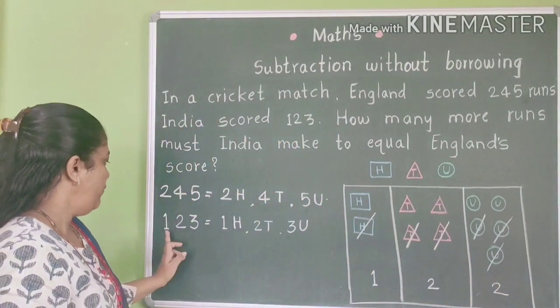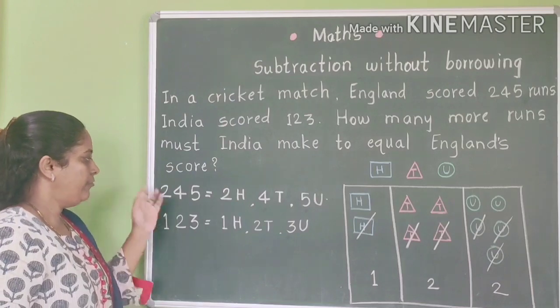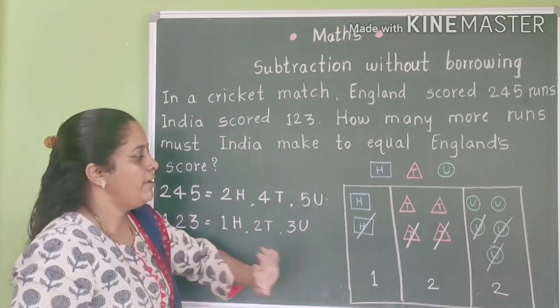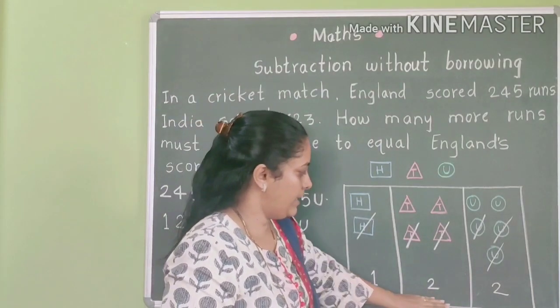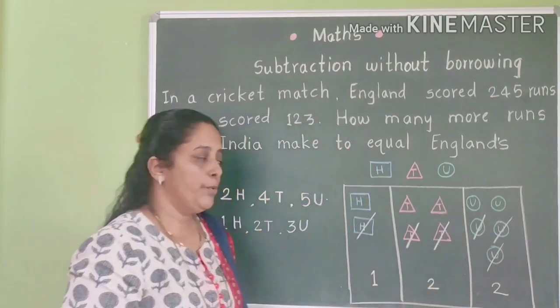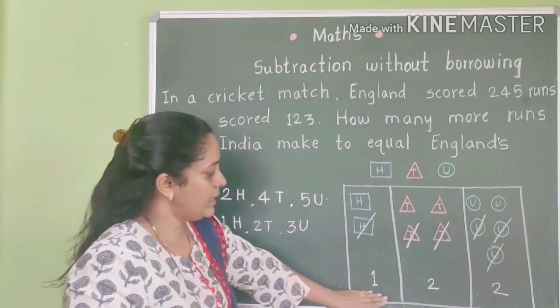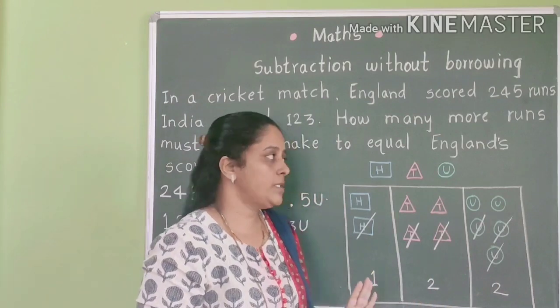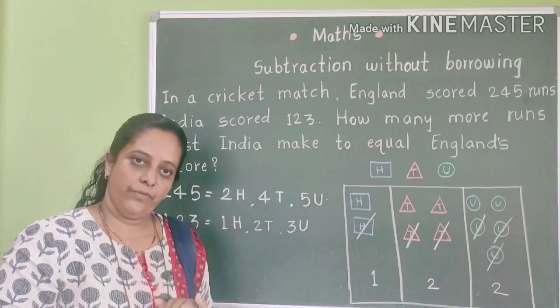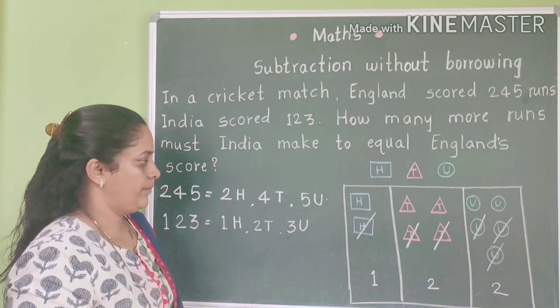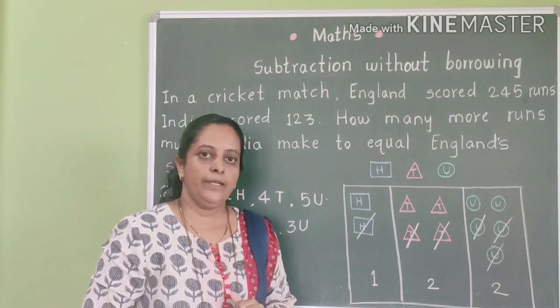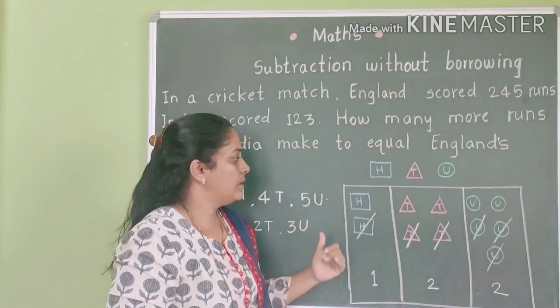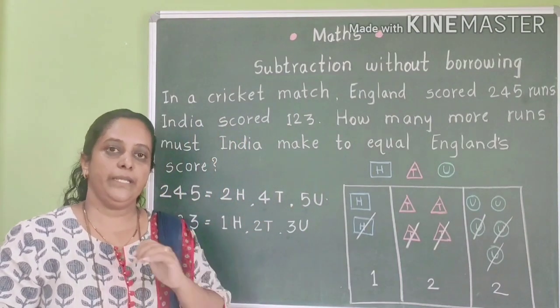By subtracting 123 from 245, we get the number 122. It means India needs 122 runs to make equal to England's score. Okay, got it? Now let's solve this problem in numbers directly.